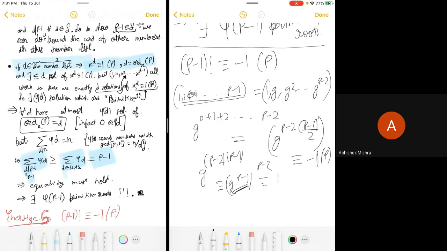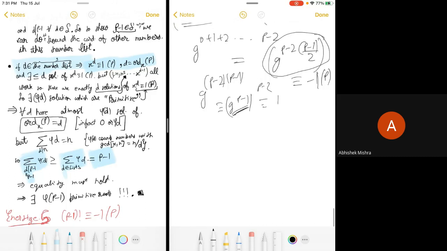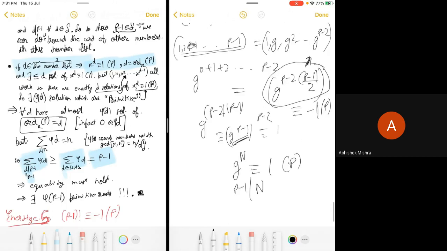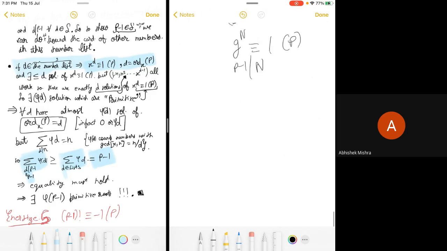Moreover, notice that this is not congruent to 1. This is because g is the generator, the primitive root, so g to the n is congruent to 1 modulo p only if p minus 1 divides n. And it is clear that p minus 1 does not divide this. So we have basically proved that this is congruent to minus 1 modulo p. Is this proof clear?